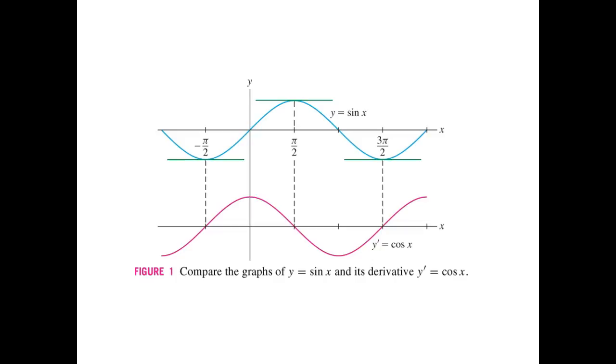So put that as 1. If that indeed was 1, this would be a minus 1. This indeed would be a 1 again, so that would be a 1 here. This would be a minus 1 here. So sure enough, y equals sine x, when you plot its derivative, you get a function that looks just like the cosine function, because it is the cosine function.